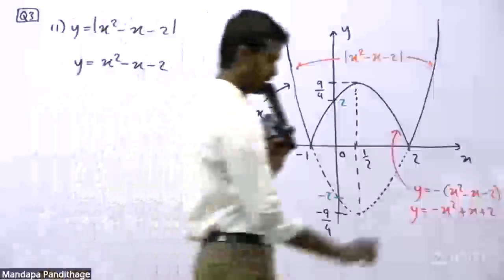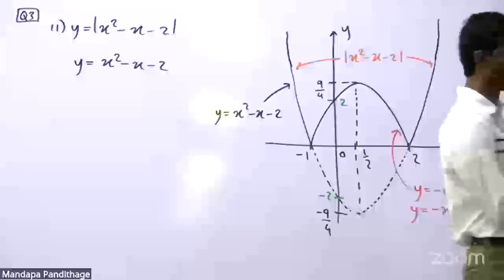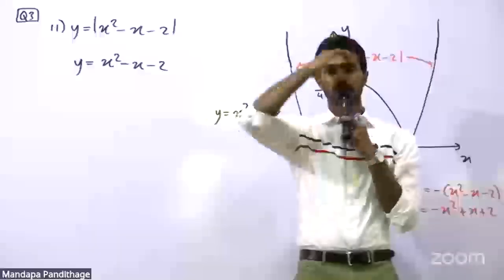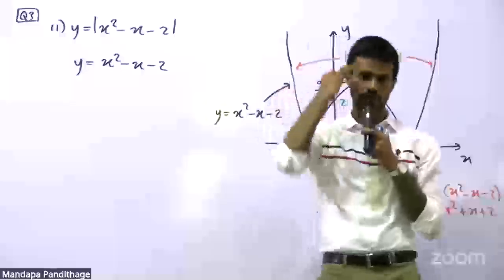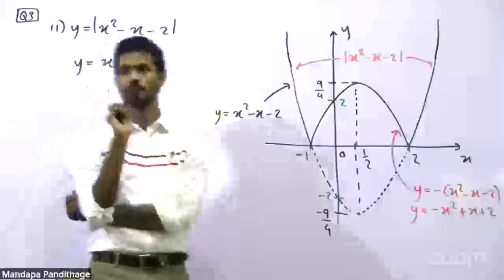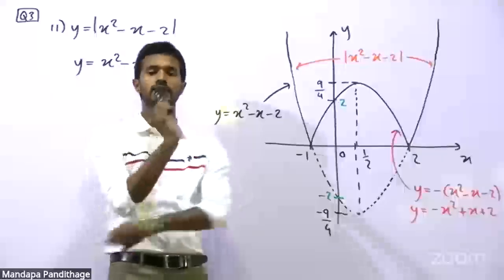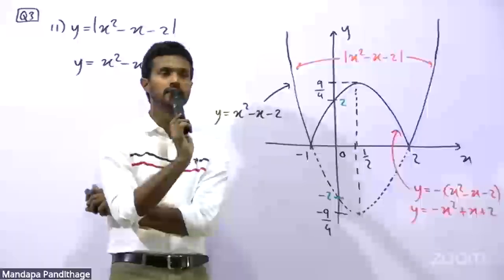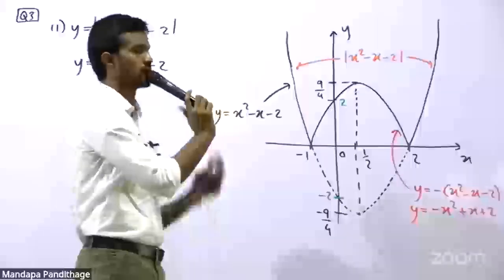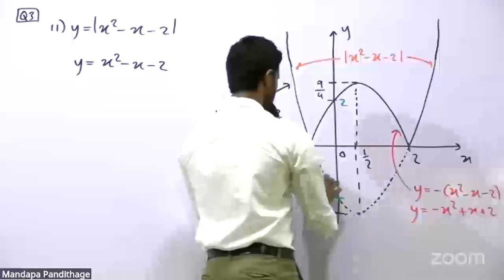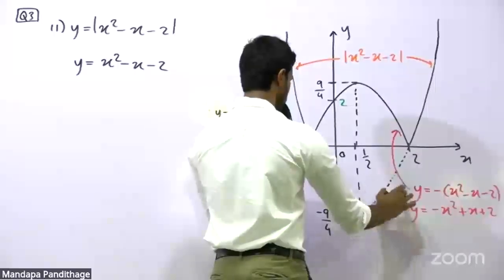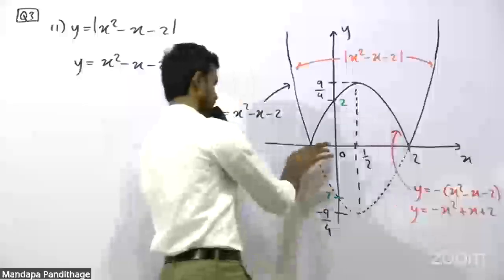Then write in a black pen the negative part of the graph. Then the negative part of the graph should be mirrored to the positive side.